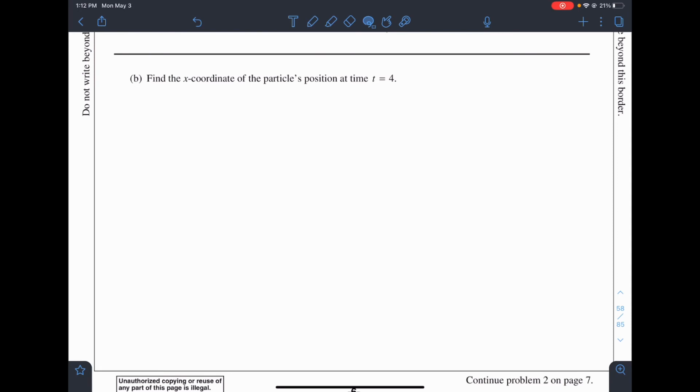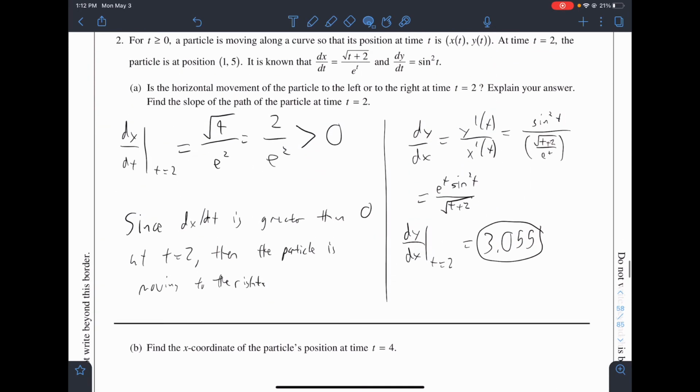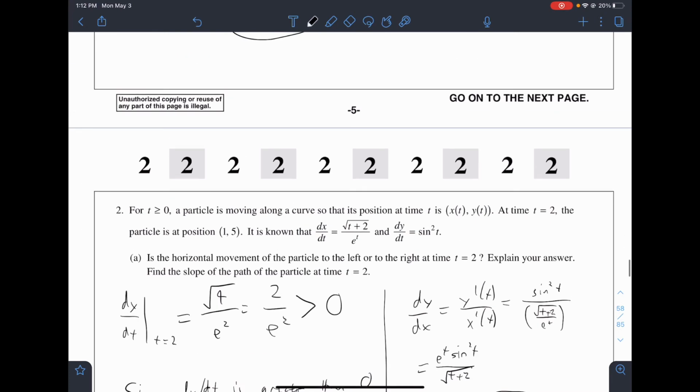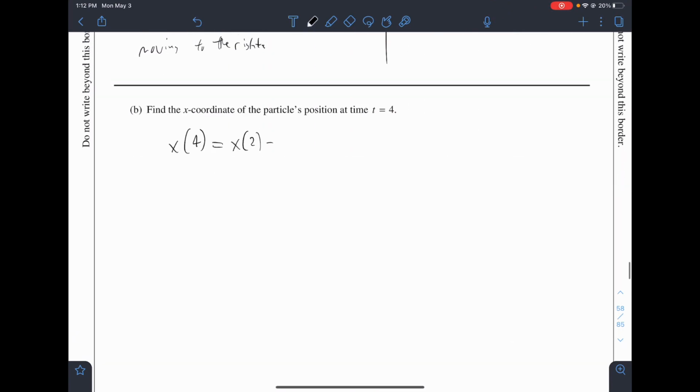Okay, so now we want to find the x-coordinate of the particle's position at time t equals 4. How we want to do this is we're going to set up a start plus change problem. We're trying to find x of 4, and so that's going to be x of 2, because we're given x of 2 in the problem. It's 1 right here. And then we add the integral from 2 to 4 of x prime of t dt.